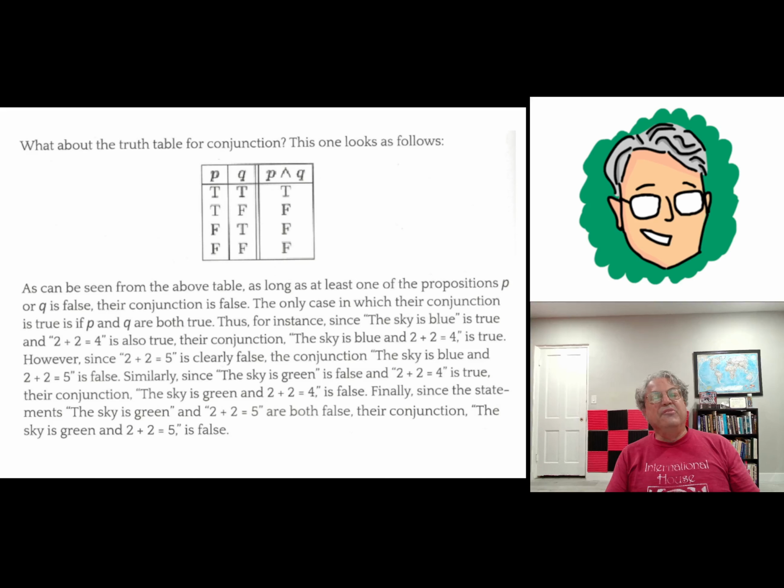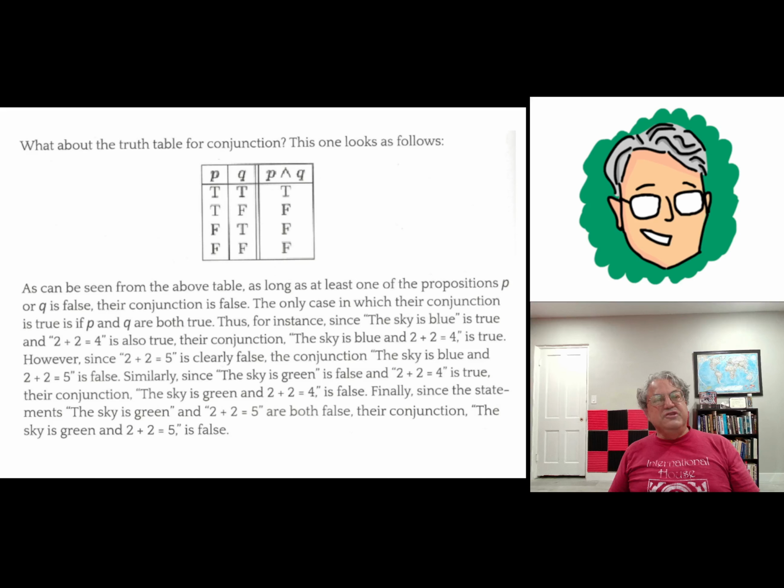But anyway, now let's start with some examples. I think it's easier to start with concrete examples. Say P is the statement, the sky is blue. Well, that's true, unless it's overcast. Let's assume it's a clear sky and it's daytime. And then Q can be the statement 2 plus 2 equals 4. That's obviously true. And what this truth table says is how and works.